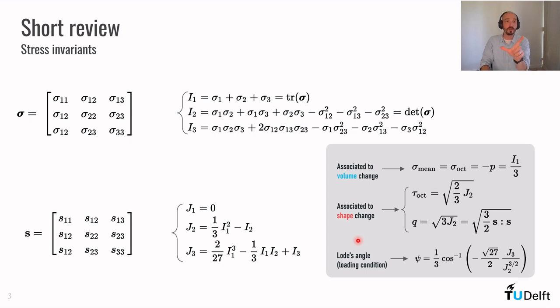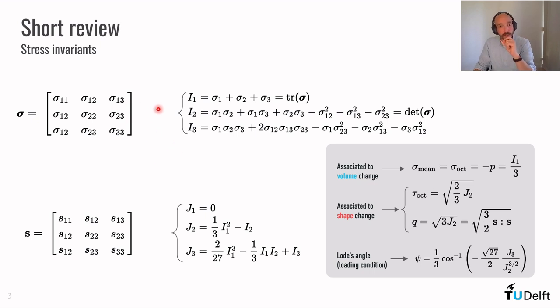If we rotate the coordinate system, the components of that vector will change, but the length of the vector, or the modulus of the vector, doesn't change. It's independent of the coordinate system. It's the same thing with the stress invariants. If we rotate the coordinate system, those stress invariants don't change.